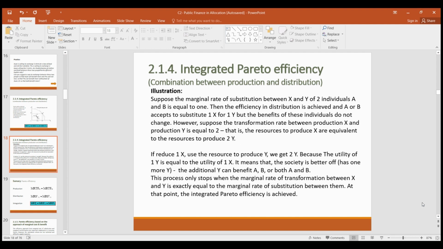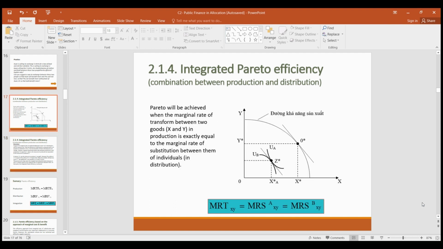Meanwhile, for individuals, the value of 1 Y can replace the value of 1 X. As a result, society gains an additional Y. This additional unit can improve the utility for A, B, or both A and B. This resource reallocation process is Pareto improvement because it creates net benefits for society.